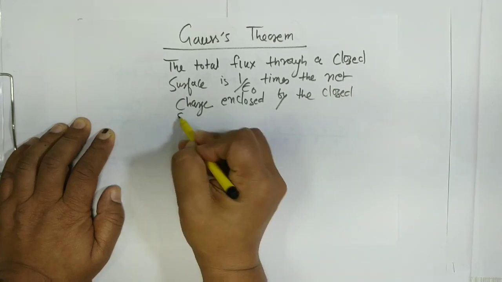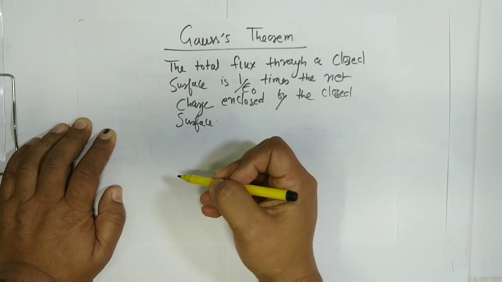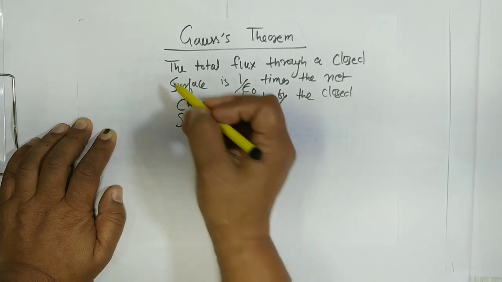So this is Gauss theorem, and some of you may understand why I gave the concept of Gaussian surface.